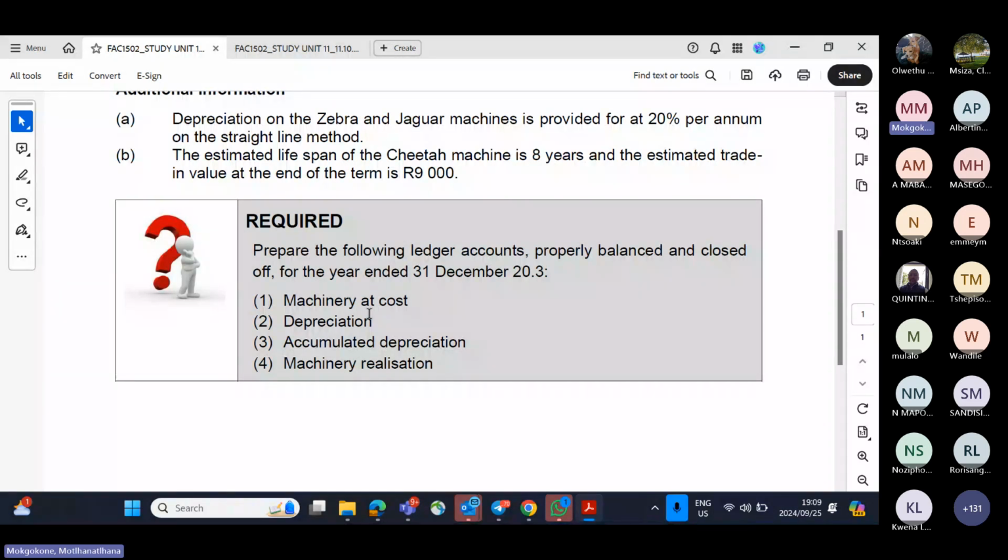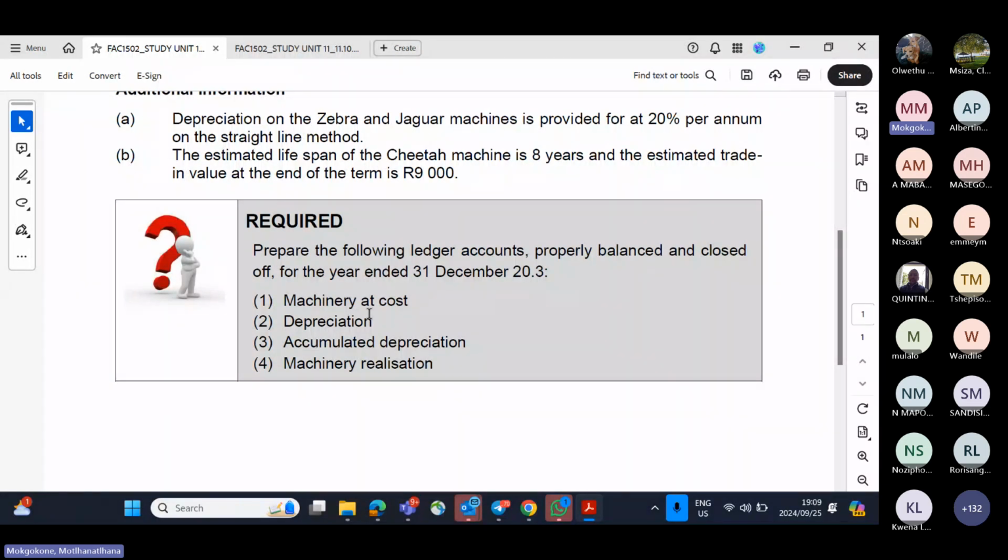Second, the depreciation account, which is an expense; expense increases on the debit side and reduces on the credit side. Third, the accumulated depreciation general ledger account, which is a contra account, which increases on the credit side and reduces on the debit side.